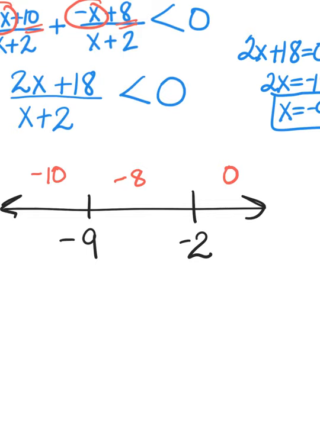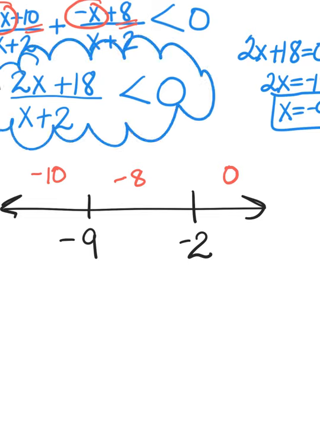So what I'm going to do now is I'm going to plug them into this inequality that's set to less than 0. That's the one I want to use. I don't go back to the original. I go back to what I did when I combined the two fractions. All right, so let's plug that in.